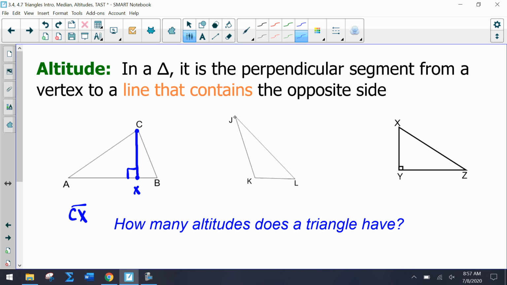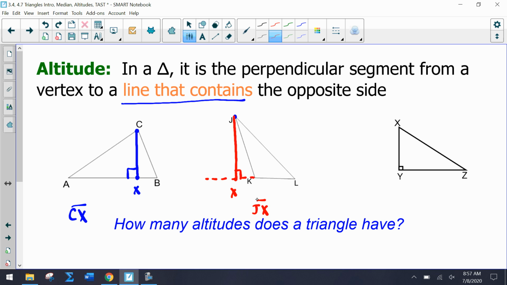And here, if I started at J and I want to draw an altitude, I want to create a perpendicular line segment. So what I have to do here is use what we have here in orange. I have to extend line segment KL, and then we could say drop an altitude here. So JX in this picture is an altitude.